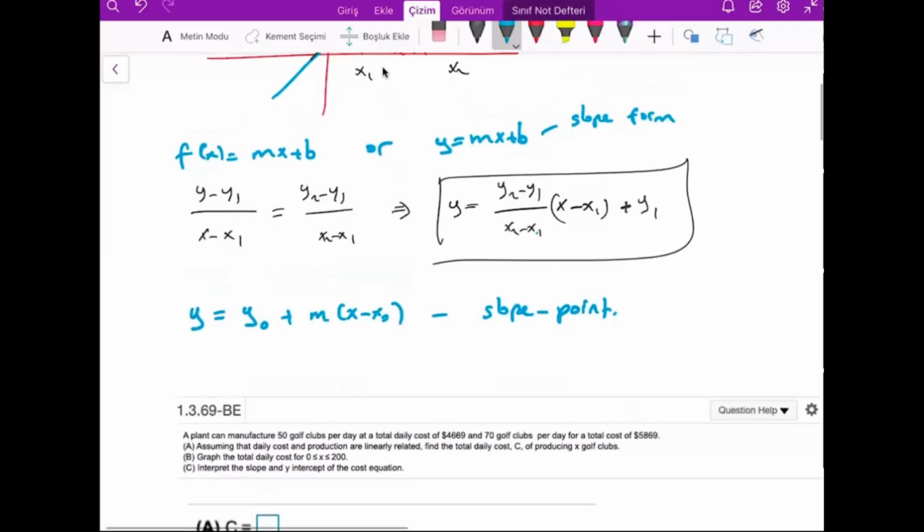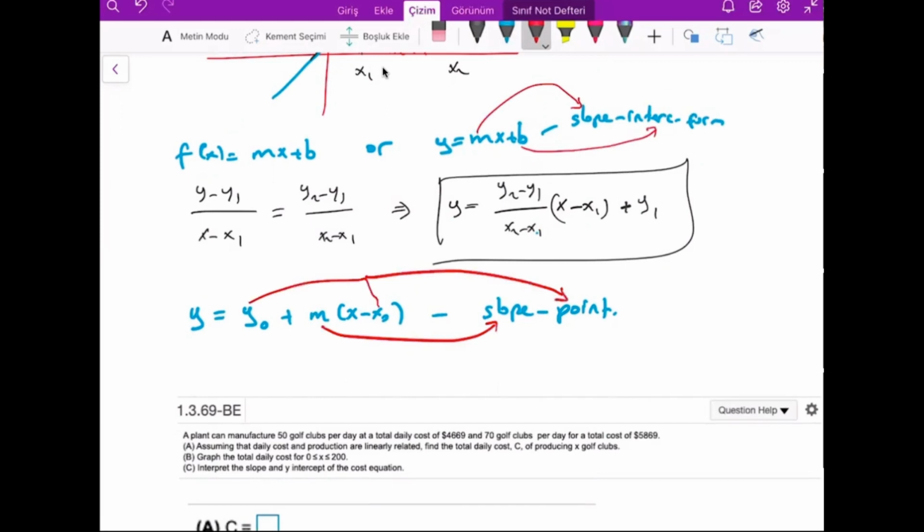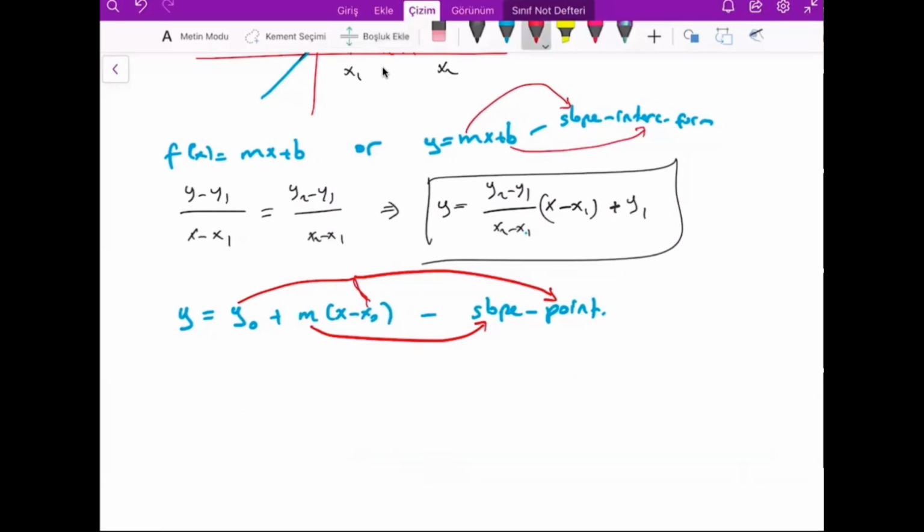The first one is the slope intercept form, because there m is the slope and b is the y-intercept. Here m is the slope, and (x0, y0) is our point; the line passes through this point.